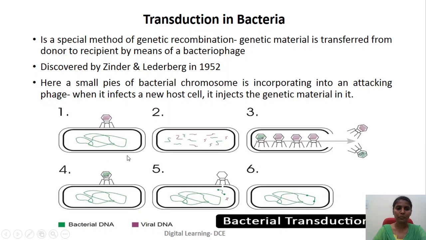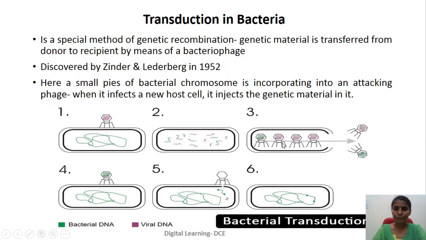In the first step, when a bacterial phage comes and attacks the bacteria, it injects its genetic material into the bacterial cell, and at the time of replication, the bacterial DNA is divided into fragments, and along with the bacterial DNA, this viral DNA also undergoes replication, and this viral DNA uses the bacterial cell machinery to synthesize the virus particle.